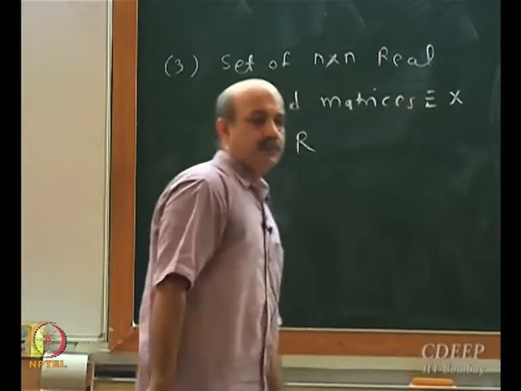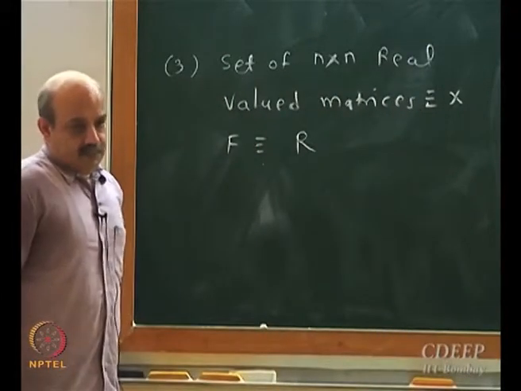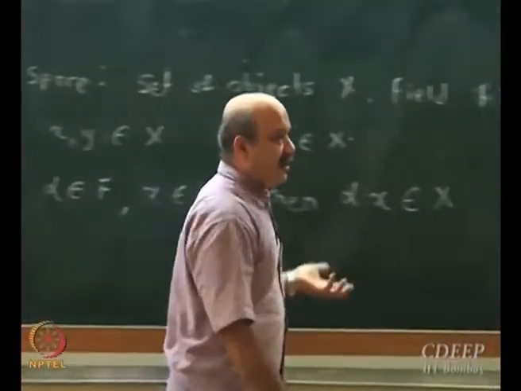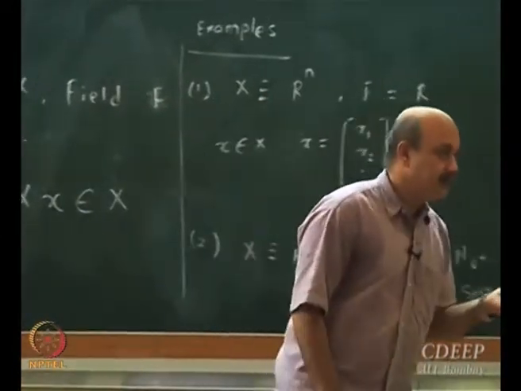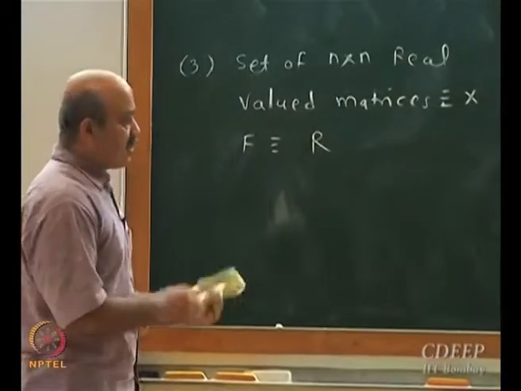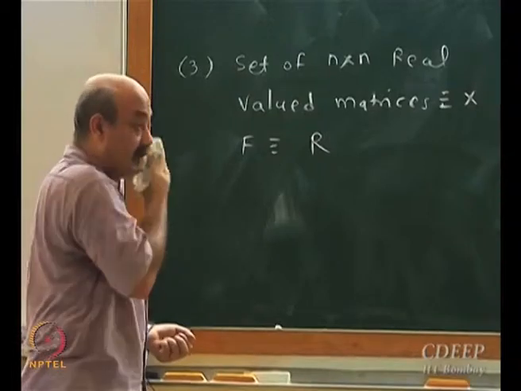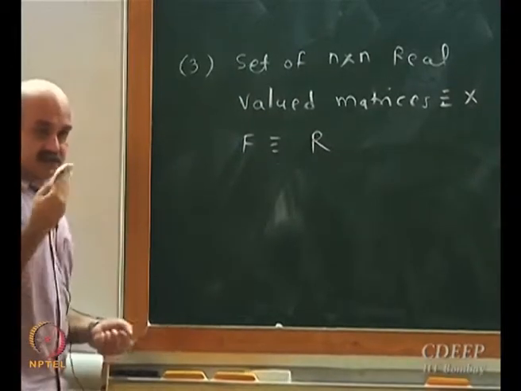Yes, it does. Why? If you take any two n cross n matrices and add them, you still get an n cross n matrix. If you take a scalar and multiply it to an n cross n matrix, you still get an n cross n matrix.